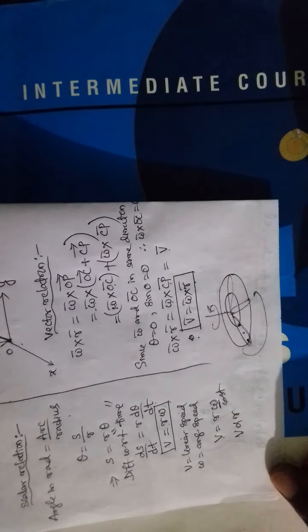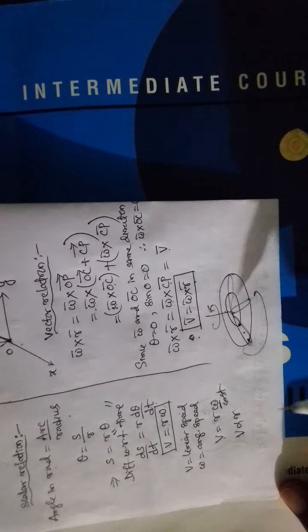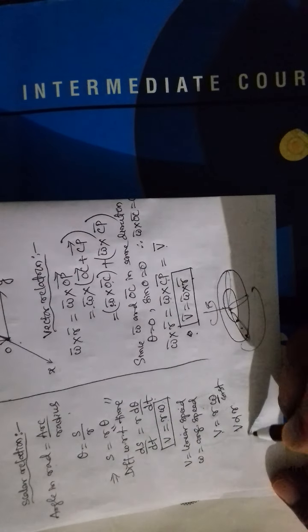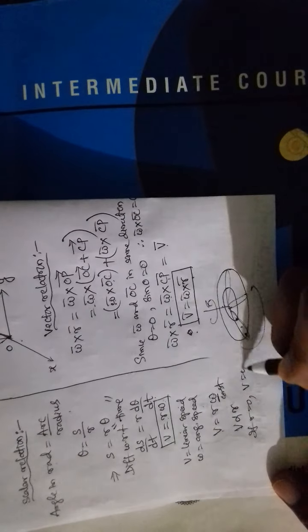So if omega is constant, v is directly proportional to r. If distance increases, linear velocity also increases. And one more thing, if r is equal to 0, v is equal to 0.